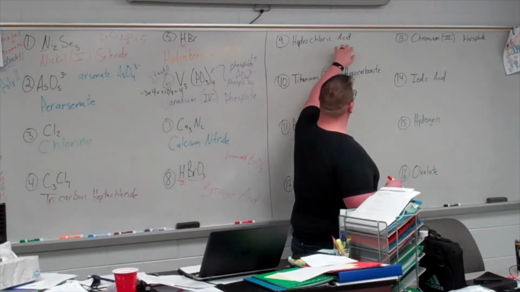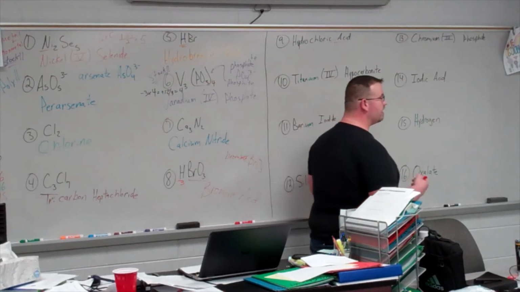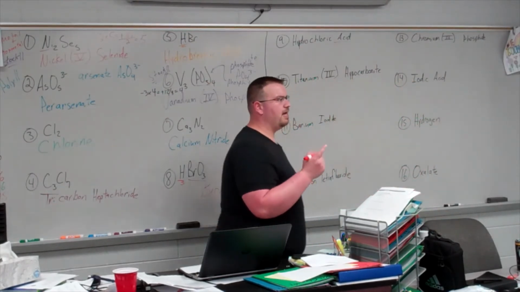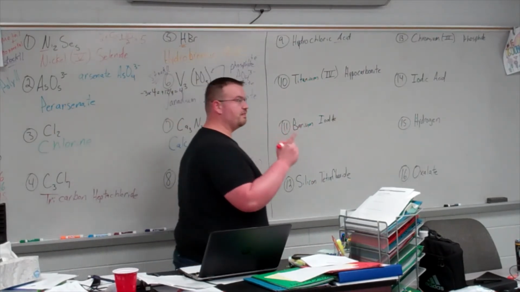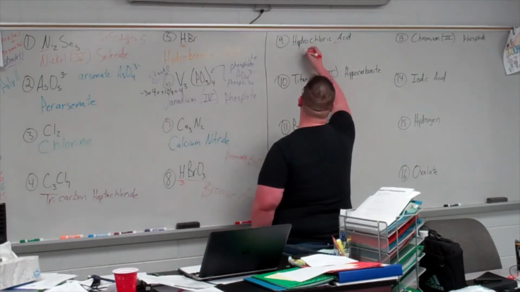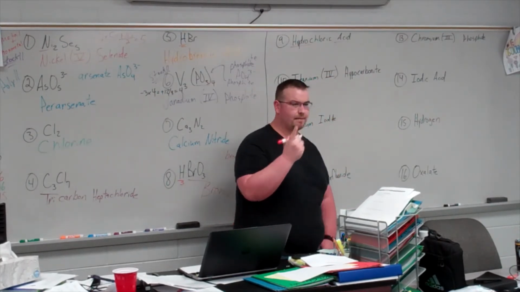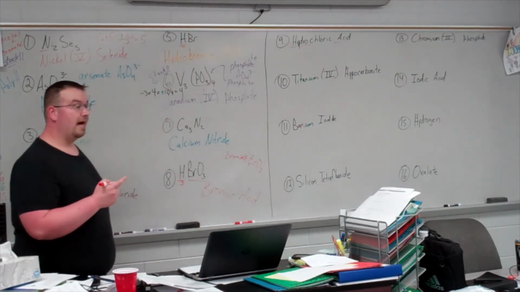So hydrochloric acid. The key to this is the word acid. The word acid tells me I'm dealing with one of two different types of acids: either a binary acid or an oxyacid. The key is looking at the prefix. There's the prefix hydro. There's only one type of acid we use hydro for, and that is binary acids.